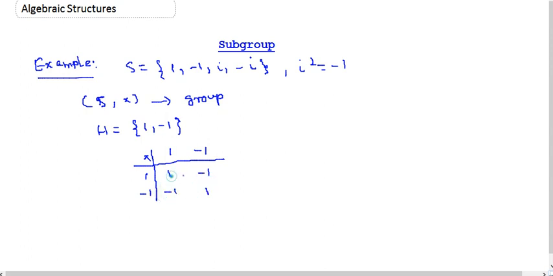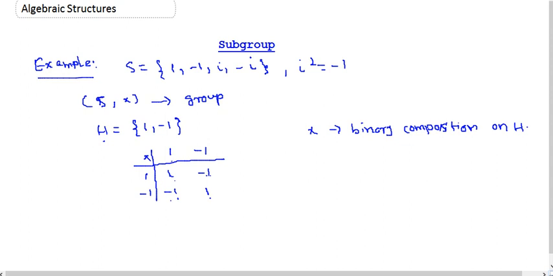After the composition, all elements are from the set H, so cross is a binary composition on H.